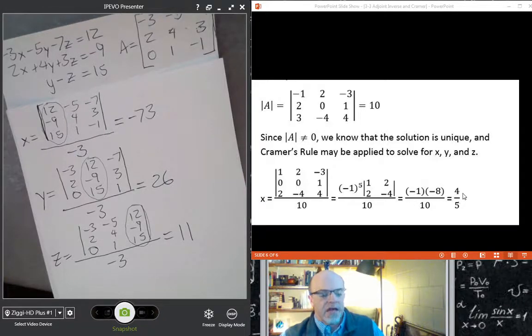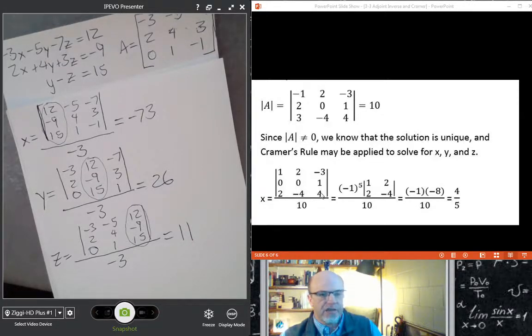Now in your homework, this is what you're going to be doing. You're going to be using the adjoint to calculate inverses, and you're going to be using Cramer's rule, Cramer's theorem, for calculating these values x, y, and z.